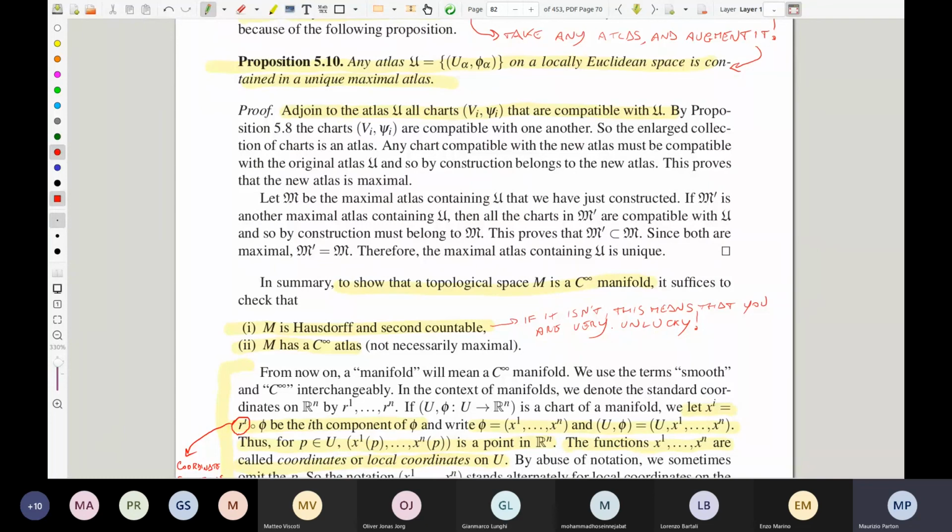After that, every theorem we do will say this property is true if and only if it is true on the maximal atlas, if and only if it's true on one single atlas of your choice. So usually you just prove the property on the atlas you prefer.